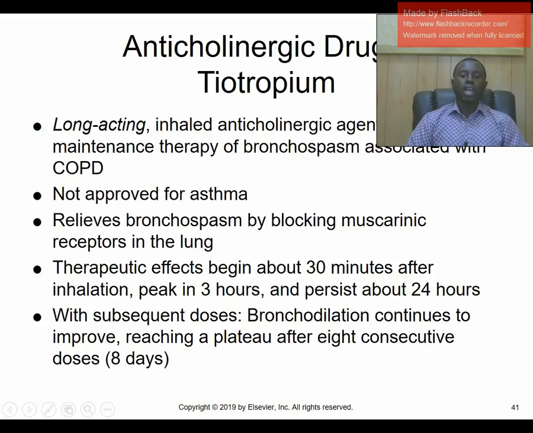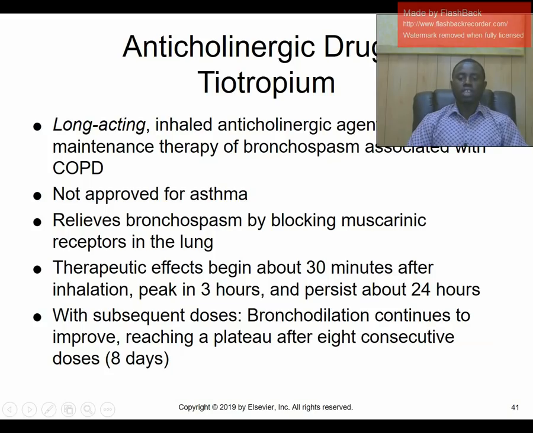Tiotropium is long-acting and is an anticholinergic agent which is approved for maintenance therapy, as I mentioned. This is not approved for asthma. It is only approved for COPD. And it relieves bronchospasm by blocking the muscarinic receptors in the lung.